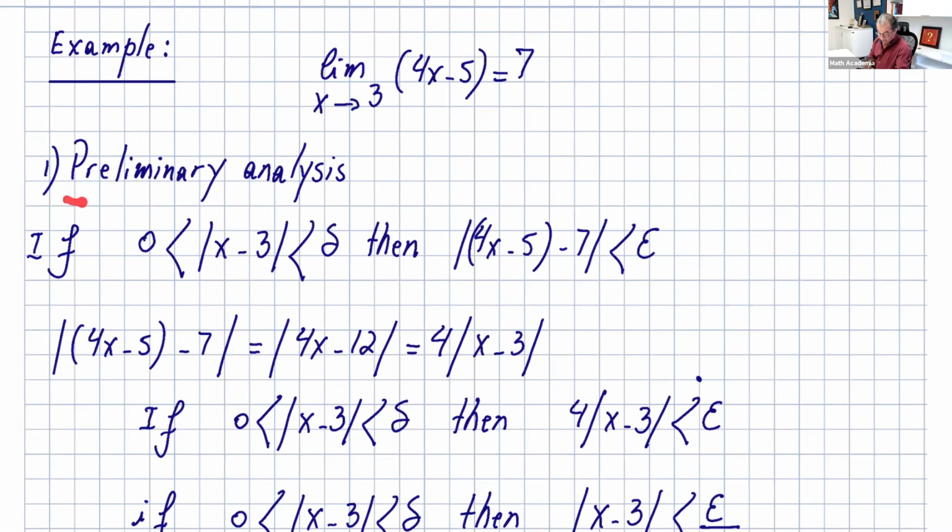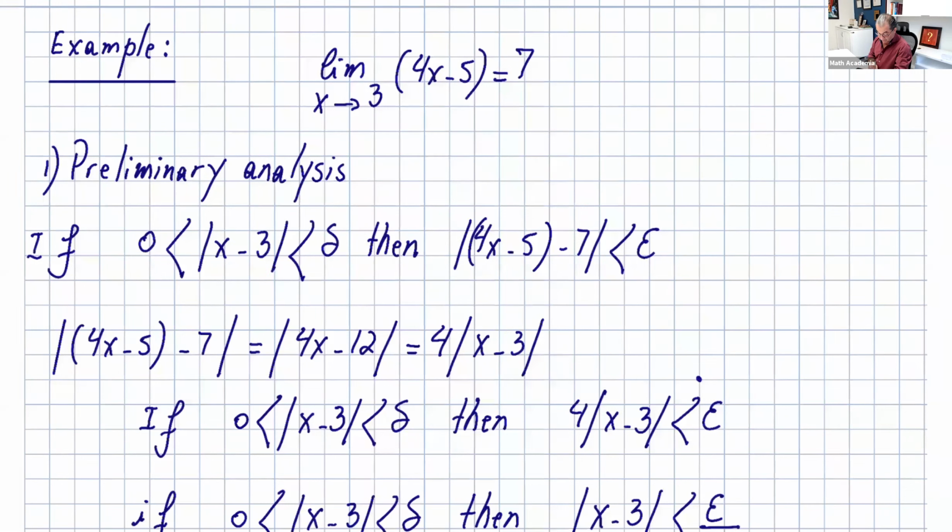First step, the preliminary analysis: we want to say if the absolute value of x minus 3 is a number between 0 and delta, then the absolute value of 4x minus 5, this is our f of x, minus 7, that's the limit, is less than epsilon.